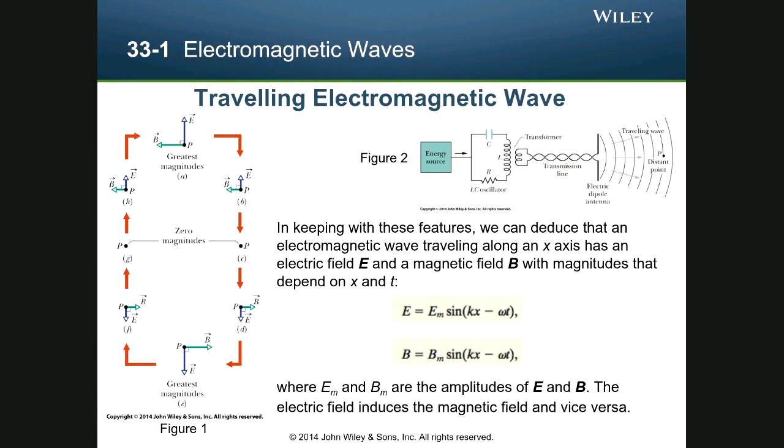But people like to start at 0 more than like to start at the amplitude. So you just have to ask yourself where you're starting. That will tell you which one you use. The important thing to note is that you must use the same one. You can't have E be a sine function and B be a cosine function. It's either sine or it's cosine. All right, and you'll notice that that's got to be true because they peak and minimize at the same time.